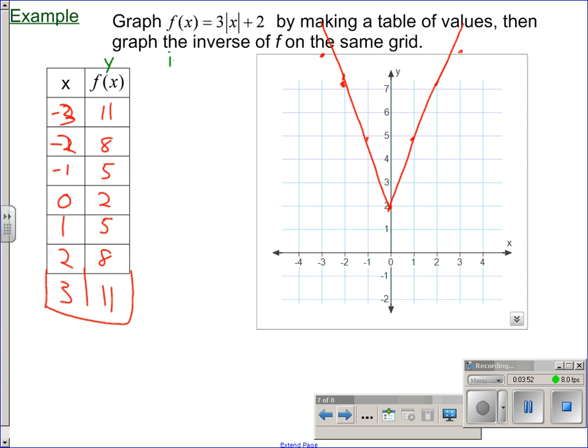So for the inverse, the x values and the y values are going to be switched. I'm just looking at the table here on the left. What was my y value of 11 now becomes the x value. What was the x value becomes the y value. And we're going to do that all the way down.